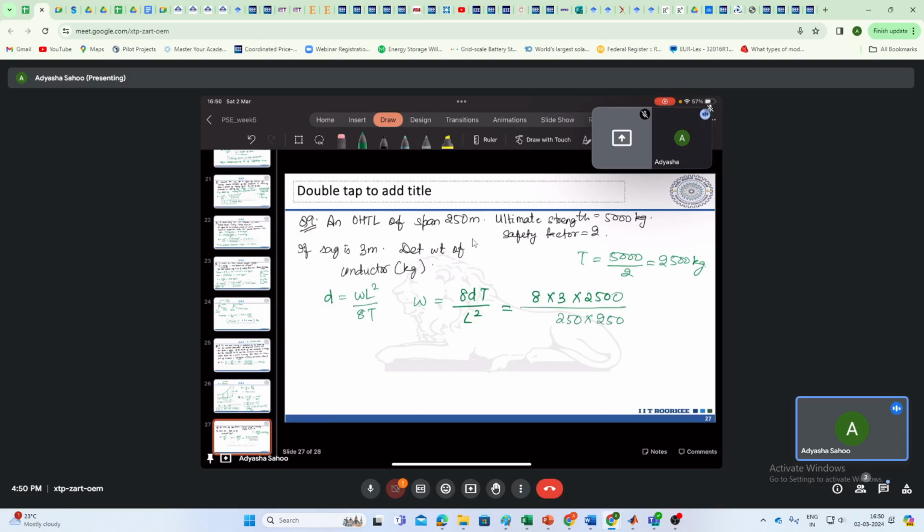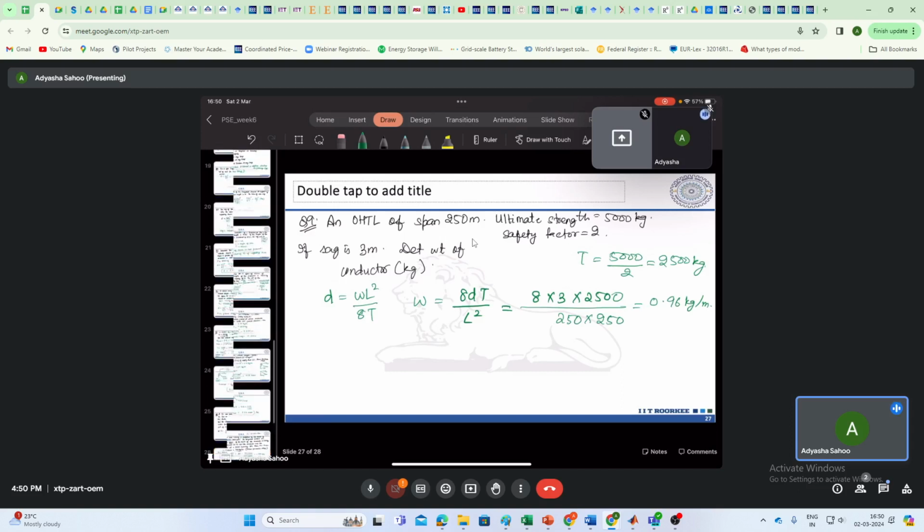So that will come out as 0.96 kg per meter.